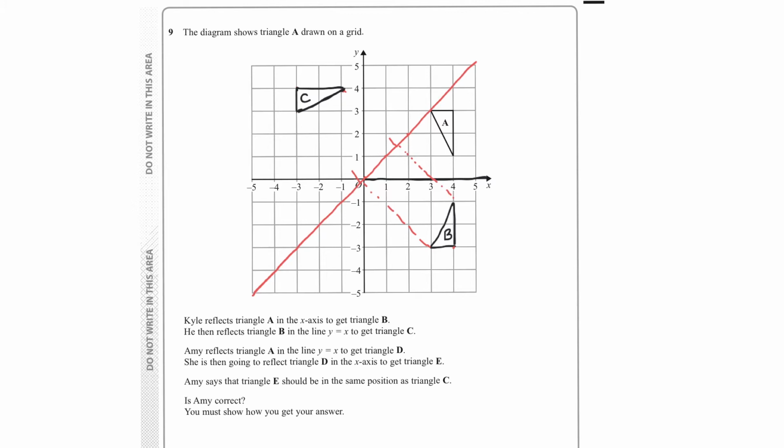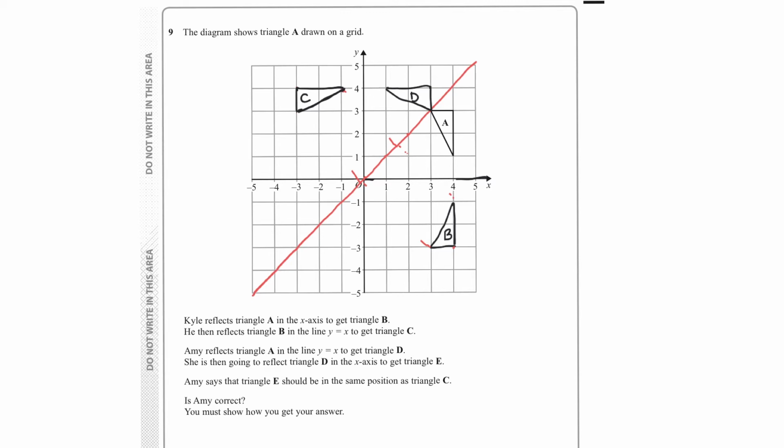Okay, so now we know where triangle C is. The next bit is we need to work out Amy's reflections. She's saying that she reflects triangle A along the line y equals x to get triangle D. So that would be here, here, here.